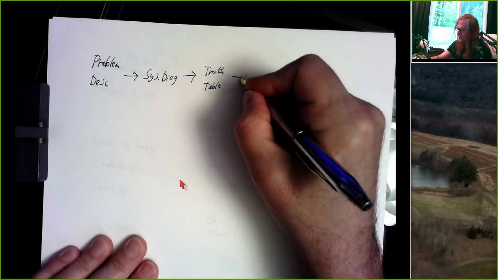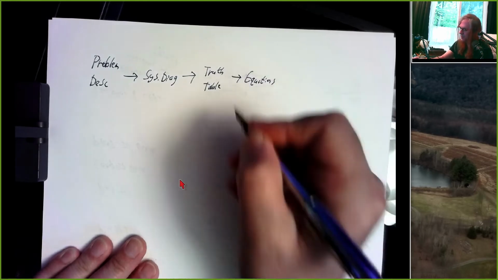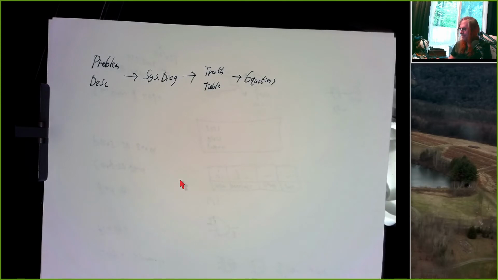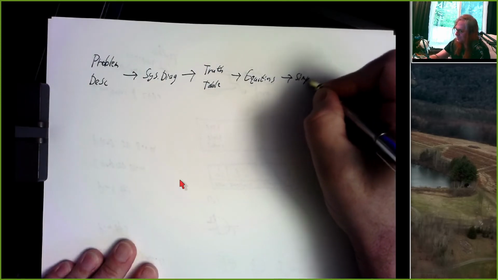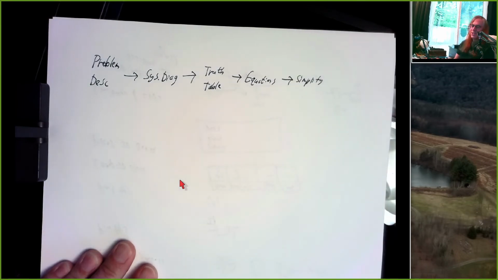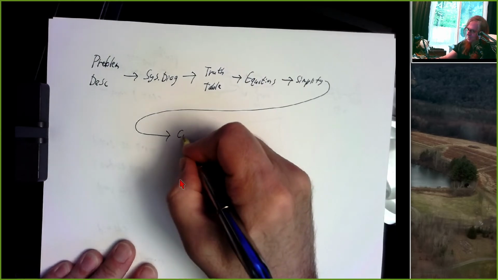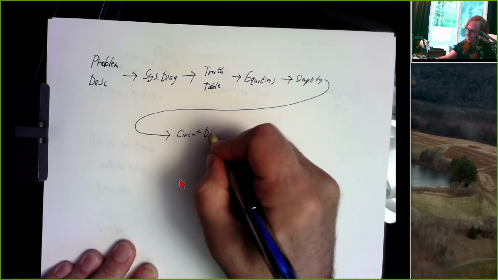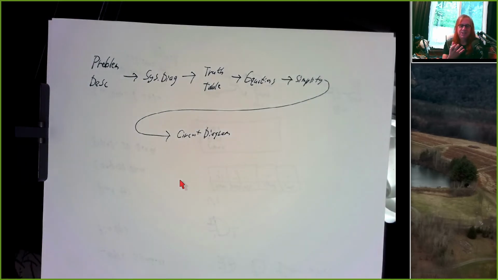And then once we have a truth table, we can write equations. We're going to work on that this week. And then once we have equations, we can simplify those. We're going to work on that this week too. And once we have our simplified equations, oftentimes we'll come up with a logic diagram, something that doesn't have pin numbers or part numbers, but just sort of shows us the logic gates that we're going to use.